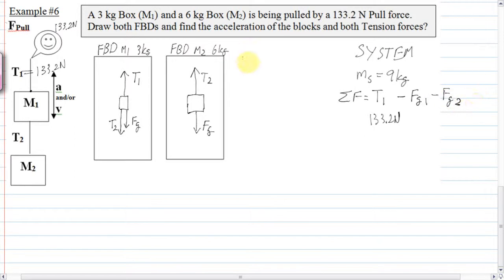Well, let's do those quick calculations. The force of gravity of object number 1 is mg, and the mass of object 1 is 3 kilograms. G, being the gravitational field strength, is 9.8 newtons per kilogram. This is going to equal 29.4.